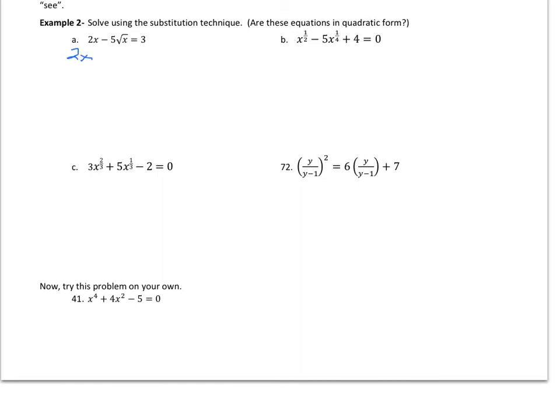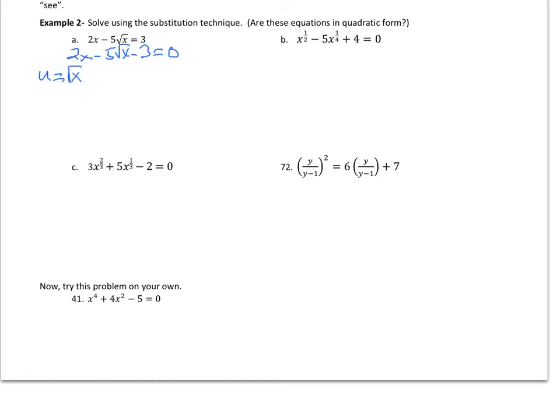So we get 2x minus 5 root x minus 3 equals 0. Now, what am I going to let u equal here? I'm going to tell you, you always let u equal the variable of the middle term. So what's the variable in my middle term? Square root of x. So I'm going to let u equal the square root of x.